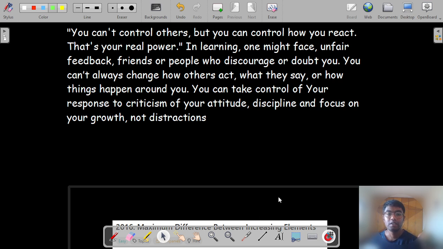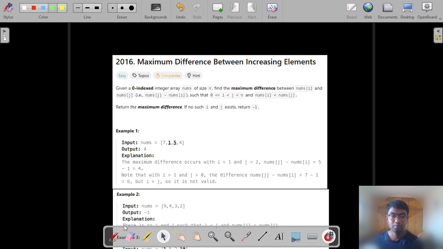Okay, so let us look at the problem statement. Given a zero indexed integer array nums of size n, find the maximum difference between nums of j and nums of i, that is, nums of j minus nums of i, such that i is less than j and nums of i is less than nums of j.